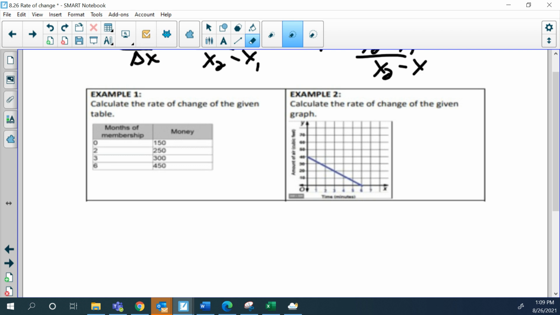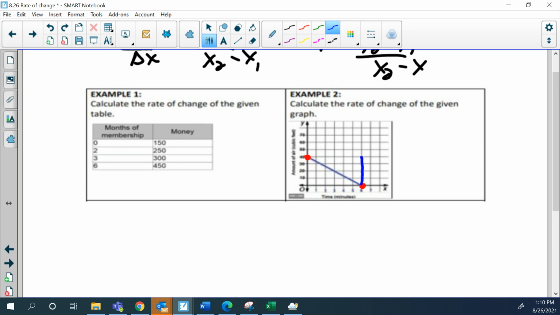So I have a graph, and I'm going to pick 2 good points. I call them pretty points. That's where the line crosses the hash mark. So I can go with 6, comma 0, and I can go with the y-intercept, which is 0, comma 40. And so if I draw my triangle, I'm going to go up 1, 2, 3, 4.